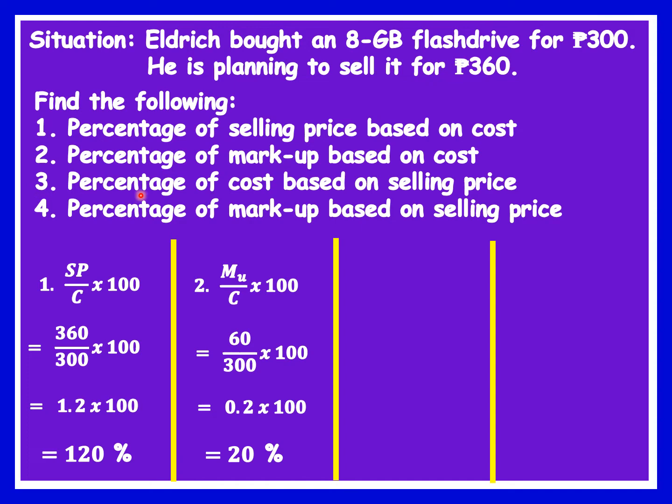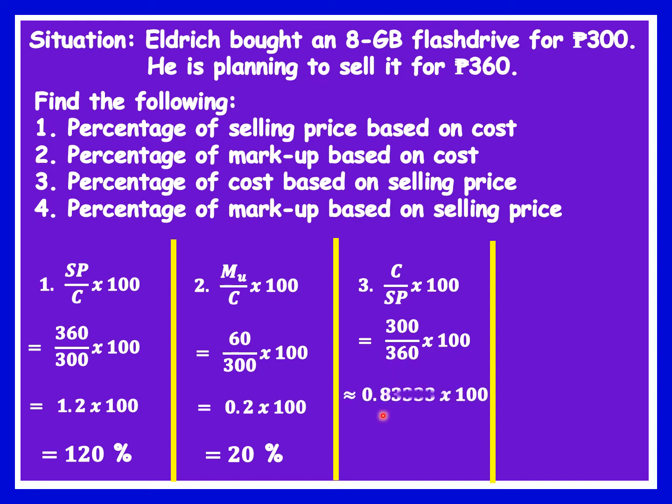Let us proceed now to question number 3. We will find the percentage of cost based on selling price. So the cost is 300. The selling price is 360. The formula to be used here is the cost over the selling price multiplied by 100. Substituting the given to the formula, that will be 300 for the cost, then 360 for the selling price, multiplied by 100.